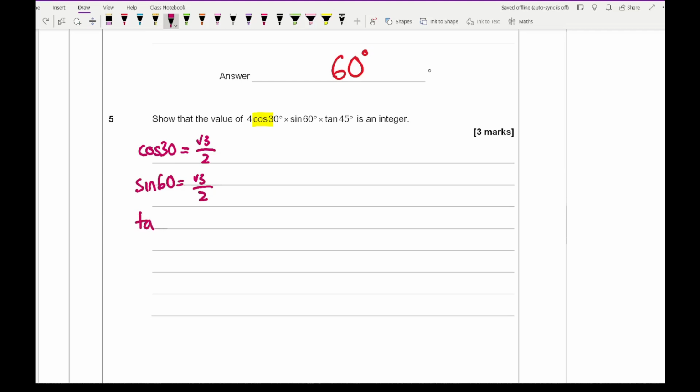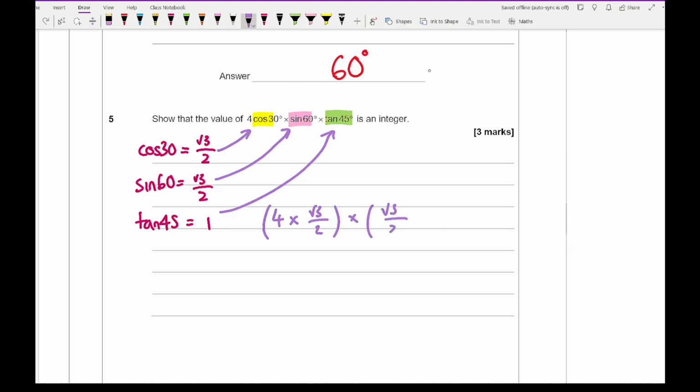And we've got tan 45, which is equal to 1. So then substituting these three things into this equation, I end up with 4 times root 3 over 2, in which I'm just going to put all of these in brackets, multiplied by root 3 over 2, multiplied by 1.